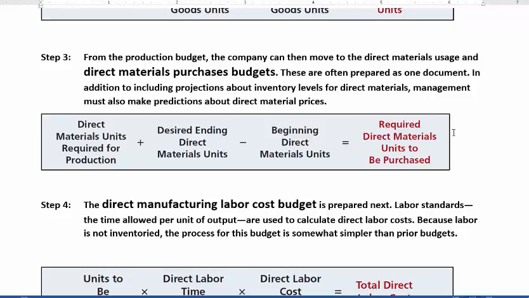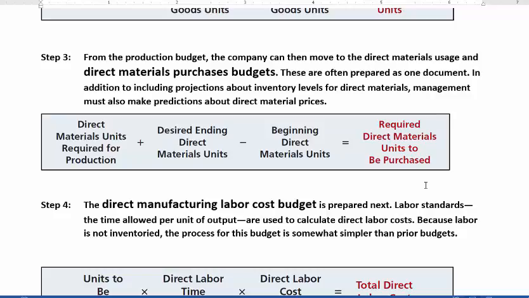Now, again, people, this is the quantity. These are all numbers of units that need to be required to purchase. But we're going to take these numbers and multiply these times the cost per unit.